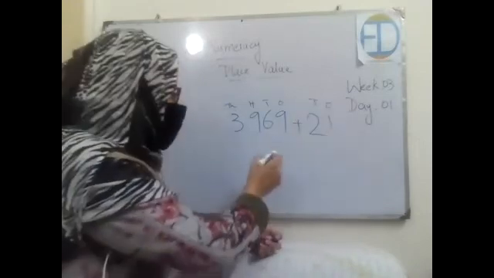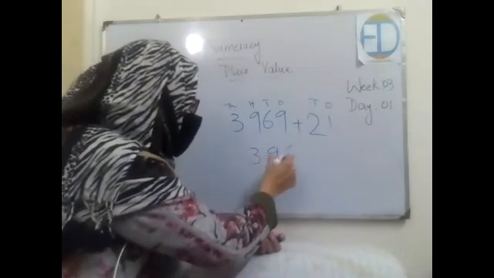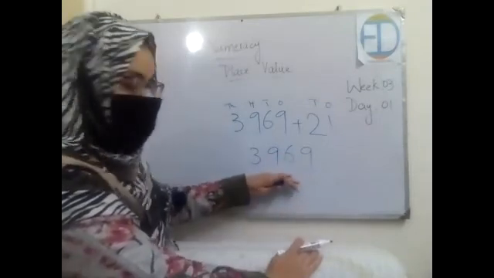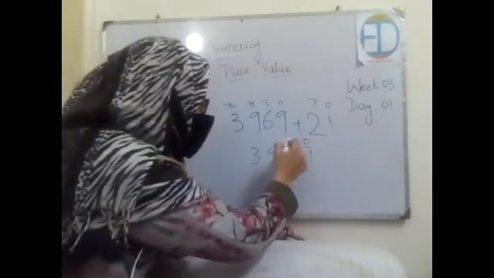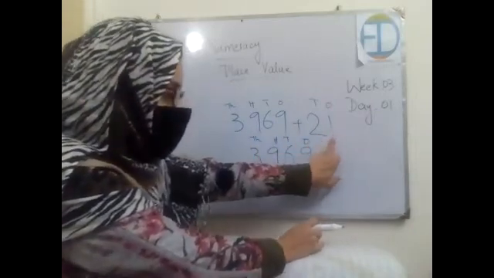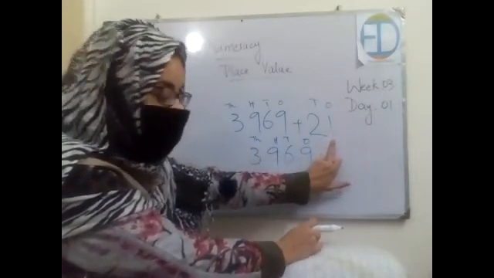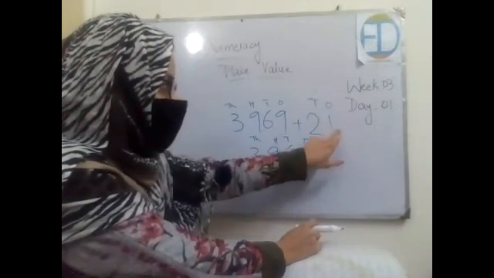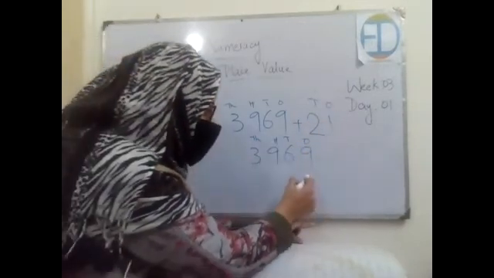Now write them in the vertical order: 3, 9, 6, 9. Written: 0, 10, 100, 1000. Now start placing this number from the left hand side. Write what is in the zeros column. What is in the zeros column? 1, so you will write 1 over here.